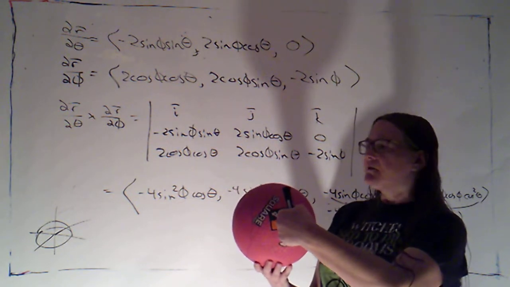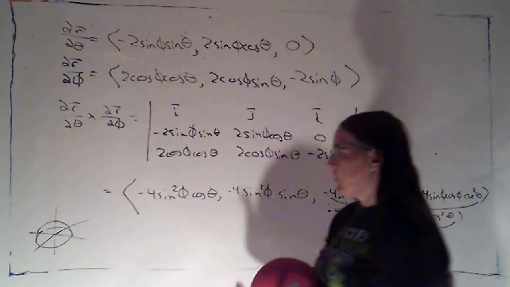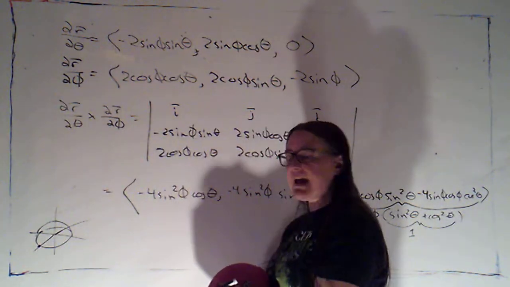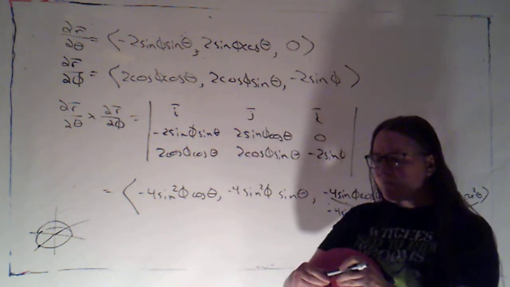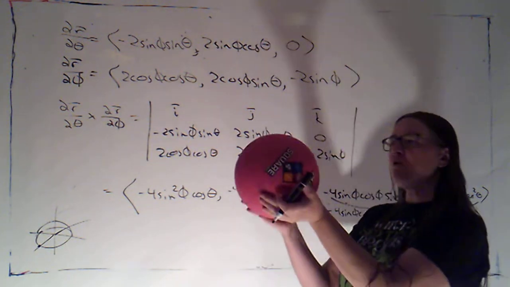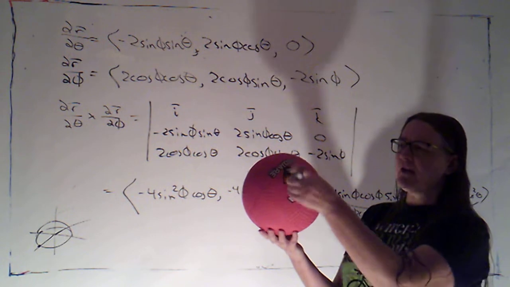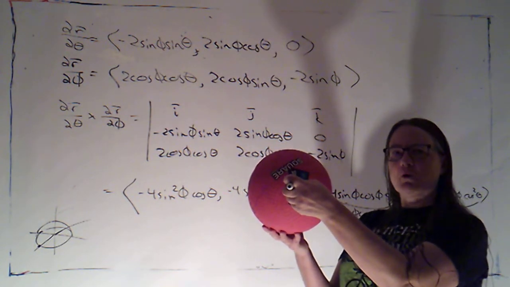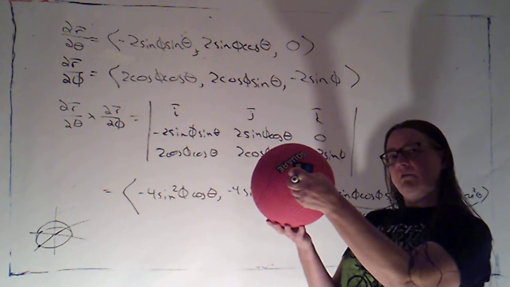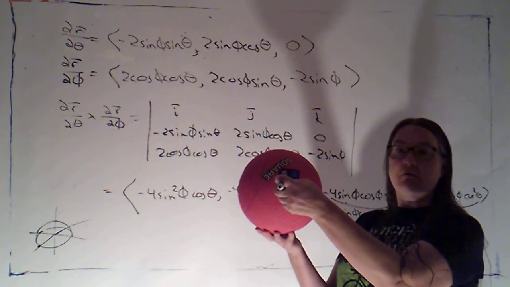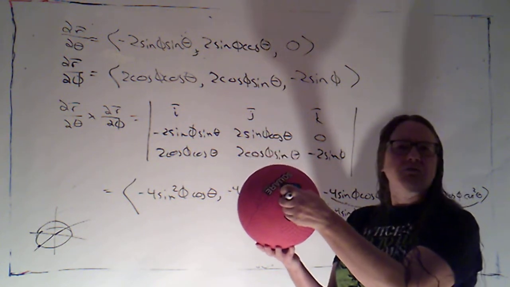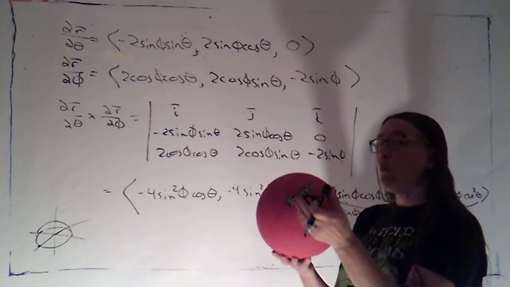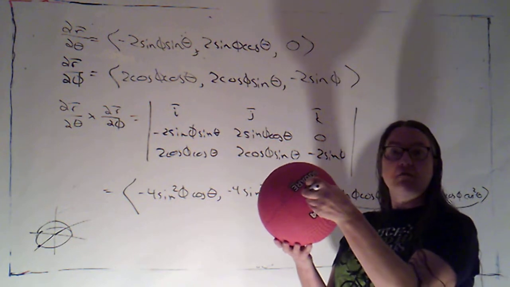Okay. So on the frontmost point, that would be the point where I intersect the positive x-axis. If at that point we're oriented outward away from the center of the sphere, the normal vector would be pointing straight forward. The x component of the normal vector would be positive. The y and z components would be 0. But if I have a positive x component, that's pointing away from the center of the sphere.